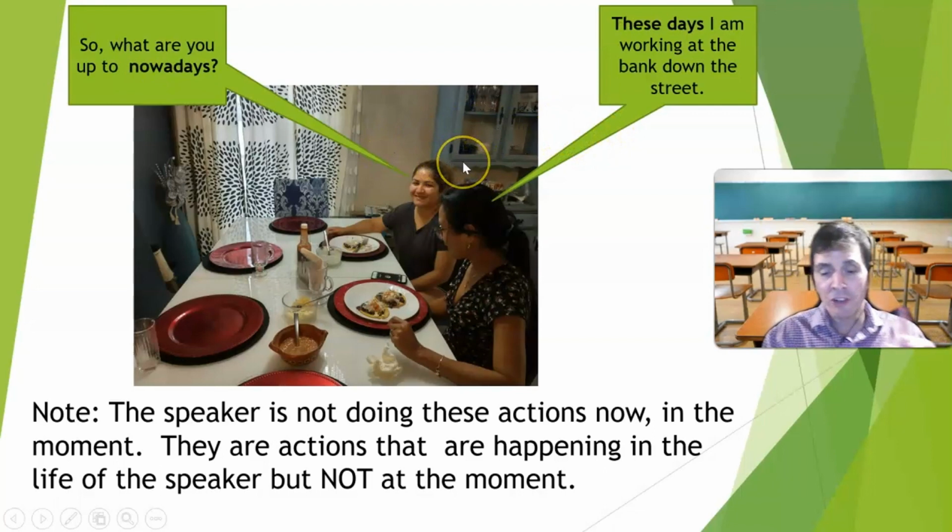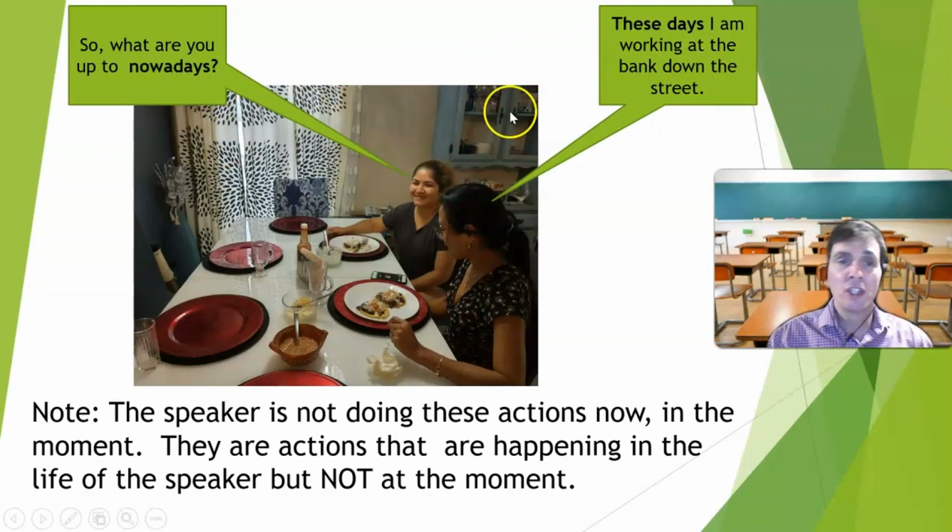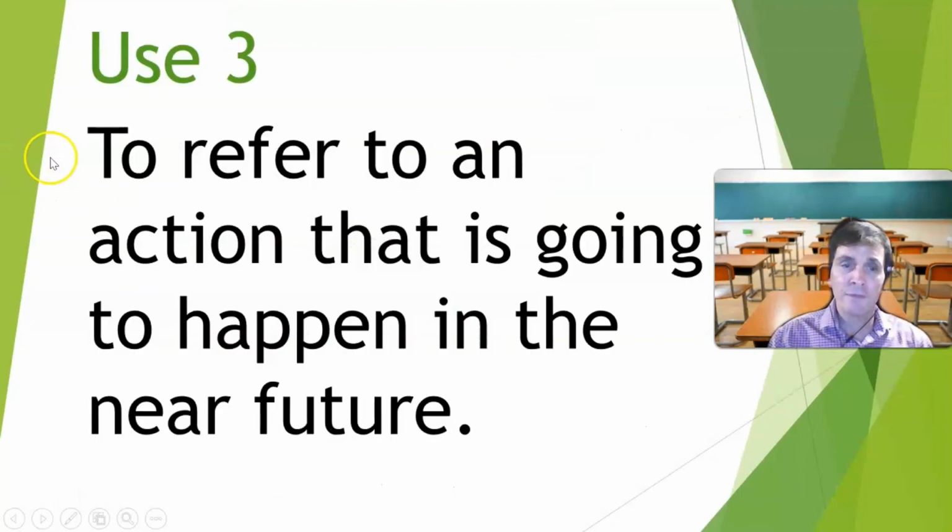Or this is another variation. So we have this one. So what are you up to these days? Nowadays, I'm working at the bank down the street. Or she can say, so what are you up to nowadays? And she can say, these days, I'm working at the bank down the street. So let's take one more look at that.